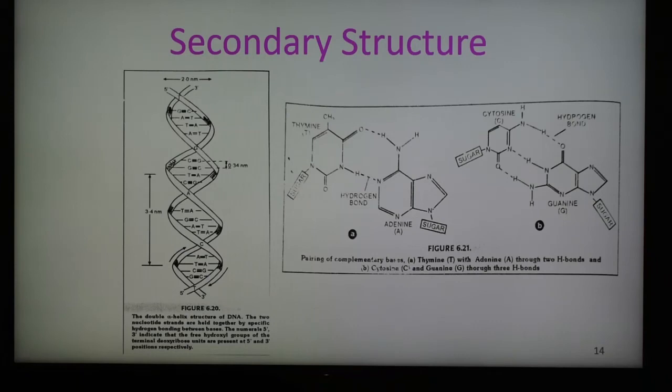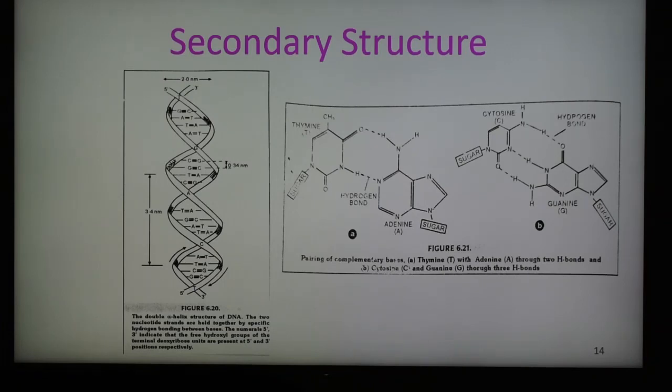The backbone of each strand consists of sugar phosphate units, and the base units of each strand are pointed into the interior of the helix and are linked together through hydrogen bonds, whereas G and C are held by 3 hydrogen bonds, and A and T are held by 2 hydrogen bonds. Unlike DNA, RNA has a single strand.